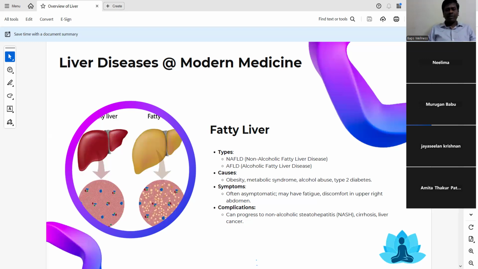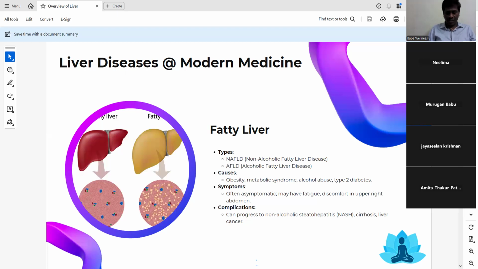And regarding symptoms, fatty liver, whether alcoholic or non-alcoholic, is often asymptomatic, especially in the early stages. You will not get to know that fatty liver is there. As the condition progresses and worsens, patients may get general weakness, fatigue, and loss of appetite.